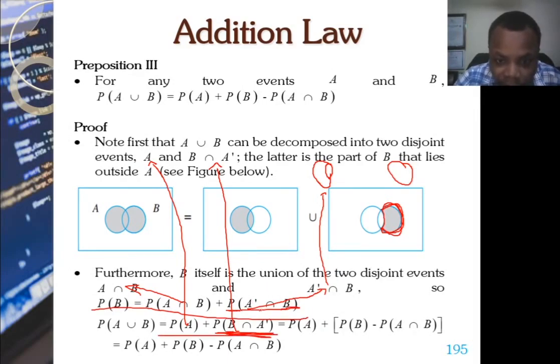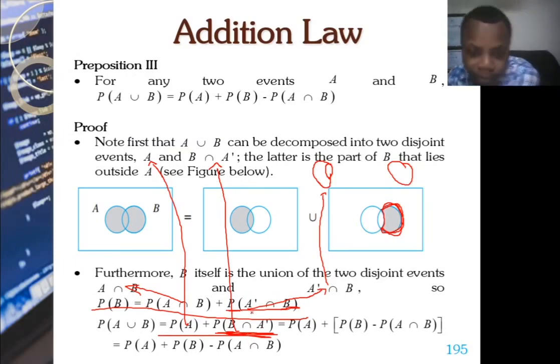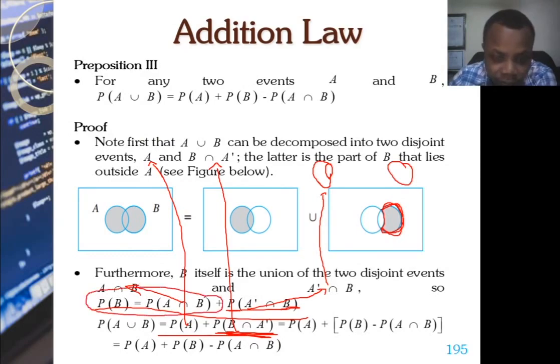And remember that A intersection B and A prime intersection B is exactly what we have here. But remember that these two terms are commutative, so we can just interchange them. Once we replace everything in here, this becomes the probability of A as we had here.